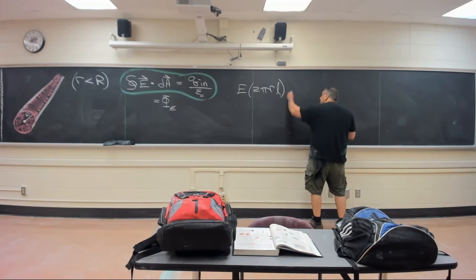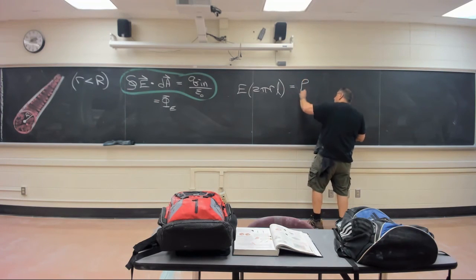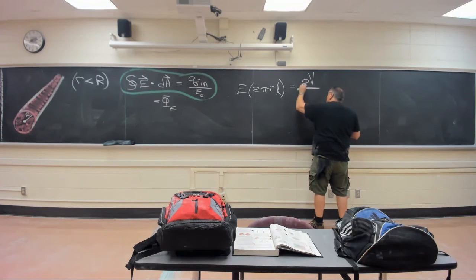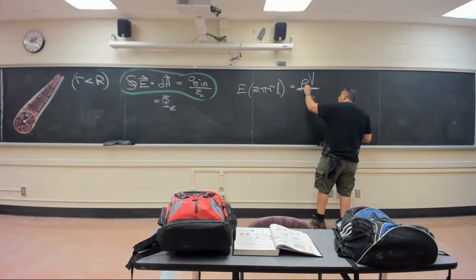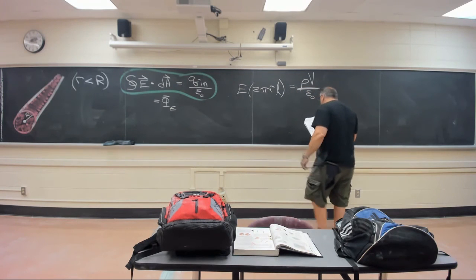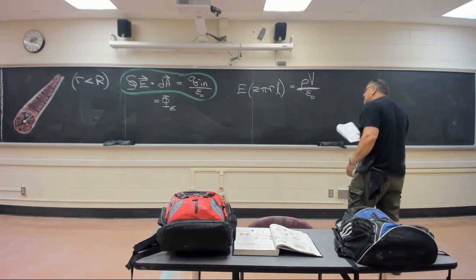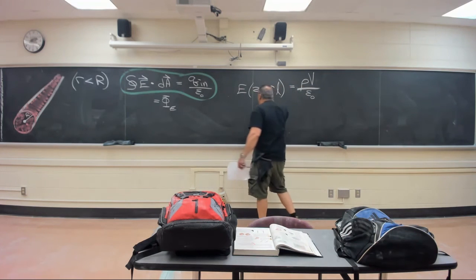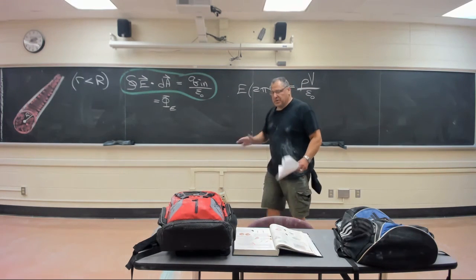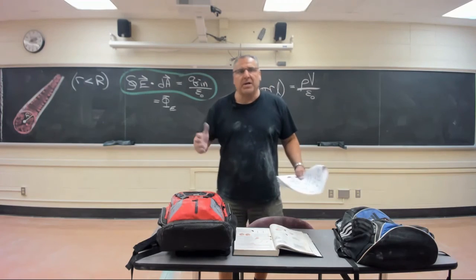We've seen this, guys. We know the deal on that. You've got the integral of E dot dA, which is E times 2 pi r, the circumference of the Gaussian surface with radius r, which is less than capital R. That circumference times L will tell you the area of the Gaussian surface that we're talking about. Then we say that's the same as the uniform charge density, rho, per volume, times V, over epsilon naught. Charge density per unit volume times the volume is Q. Q over epsilon naught is going to be E times A, 2 pi r L. The other dot products don't enter into it because the vectors under consideration are at 90-degree angles with one another.